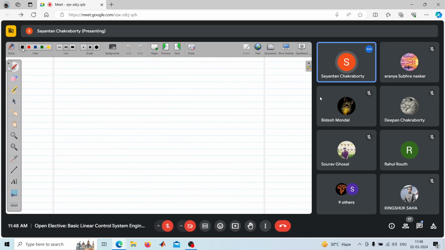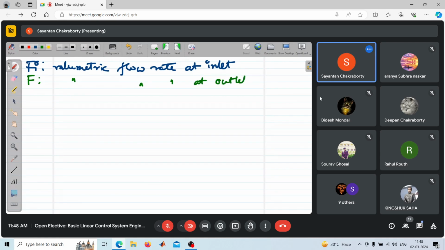So with this, what we can write, say we have a volumetric flow rate. Fi is the volumetric flow rate at inlet. F is the volumetric flow rate at outlet.